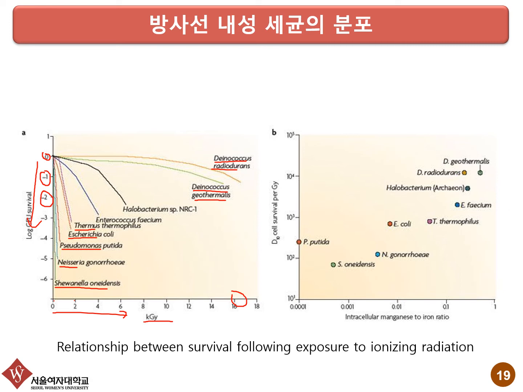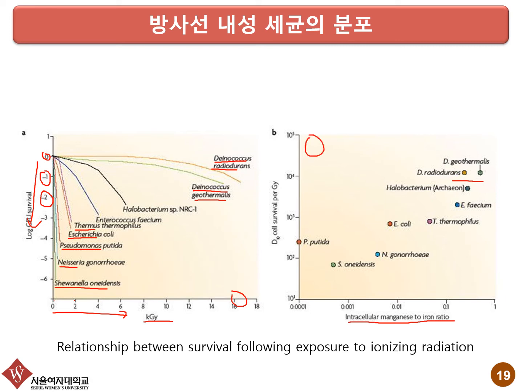Similarly, here is a comparison of the intracellular manganese ion ratio with the survival rate, like figure A. When the manganese ratio is very high, like in Deinococcus radiodurans and geothermalis, the bacteria can survive a higher radiation dose.